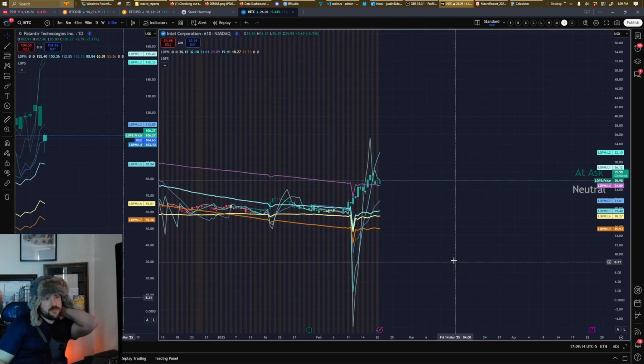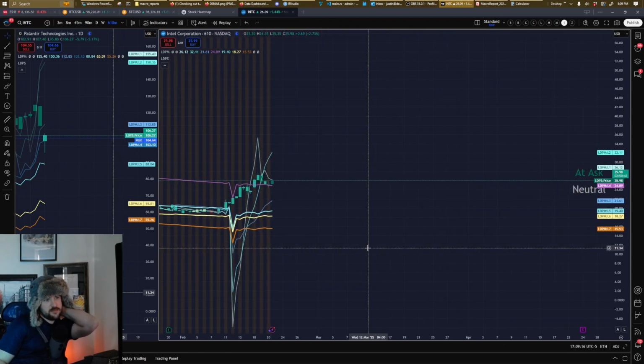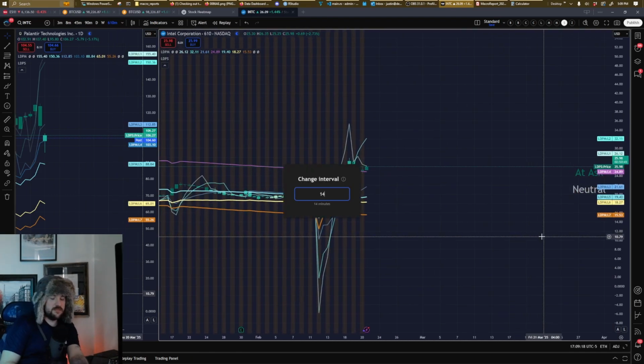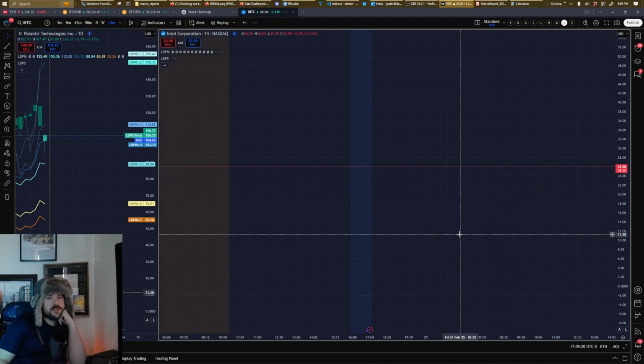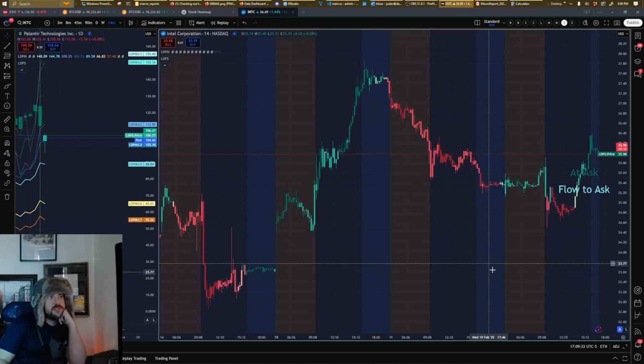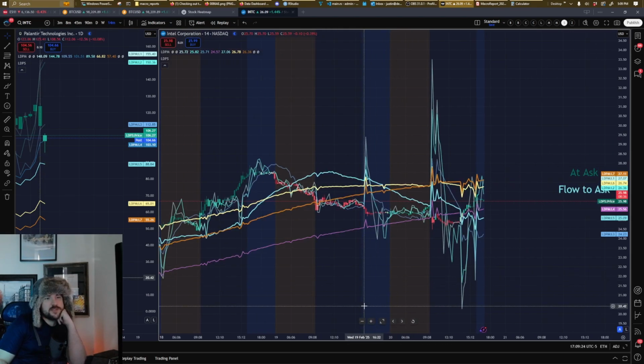But there's definitely, does Intel have stuff going on with it? What's all this mess for? Because we tested 987, fell below it. LDPM zoomed.